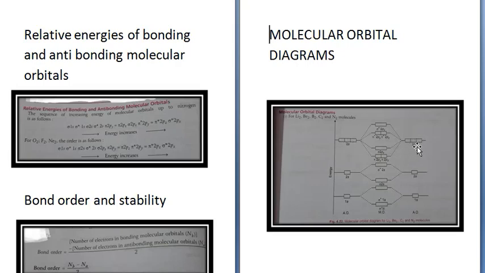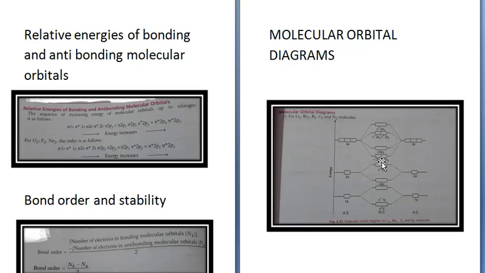So in this case, three orbitals will be formed here and three orbitals on top. The ones which are below are the bonding ones. The lowest will be pi 2py and pi 2pz.